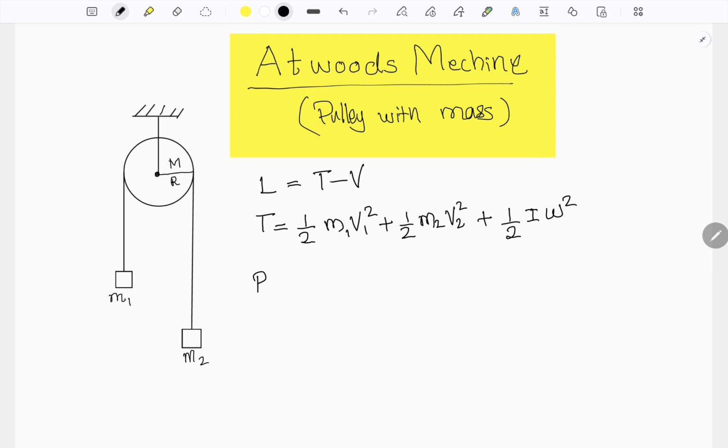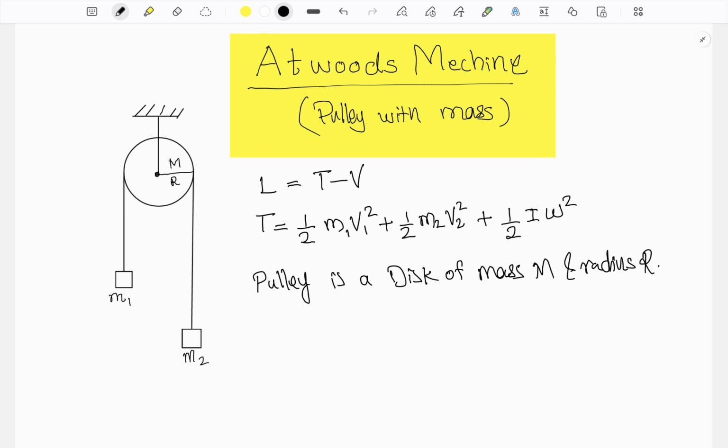Now let us assume that the pulley is a disk of mass capital M and radius capital R. Okay, so we know the moment of inertia will be MR square by 2.